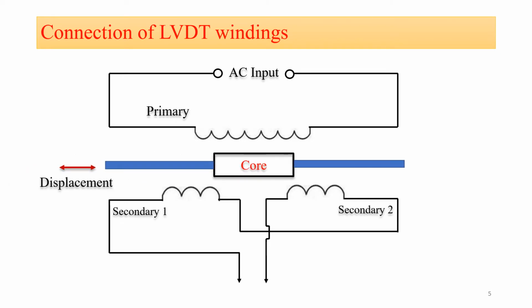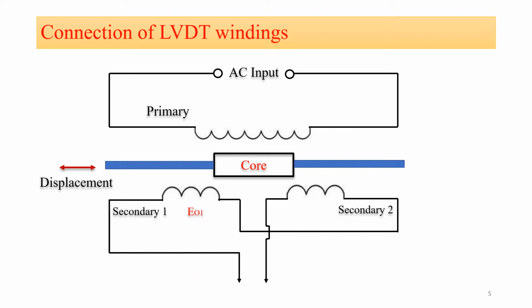A rod shaped magnetic core is positioned centrally inside the coil assembly, and this rod provides a low reluctance path for the magnetic flux which links the windings. The moving object whose displacement is to be measured is coupled to this movable rod, and the two secondary windings are connected in series opposition, so the voltages induced in these windings have opposite polarities.